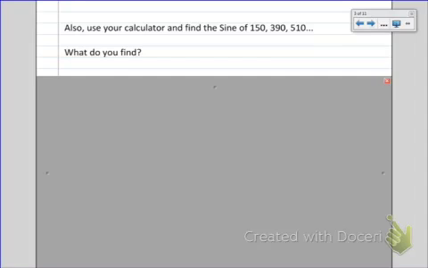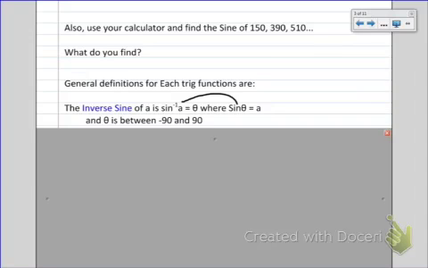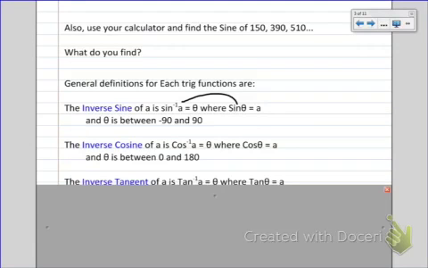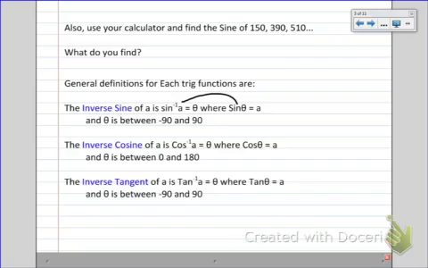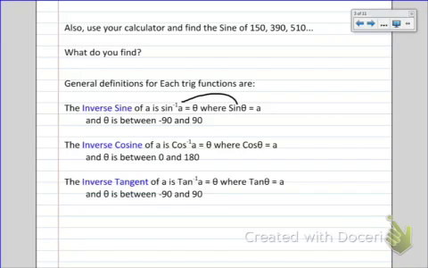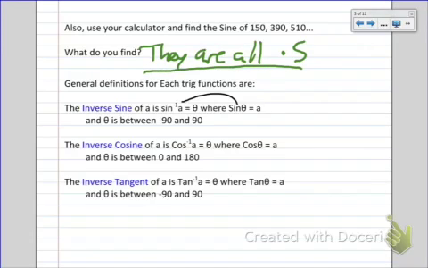We discussed before that anytime I find the sine of those angles, they're all the same because they have the same reference angle. We did that on our warm-up on Wednesday. They are all 0.5, and we're going to figure out how we know that here in a little bit.